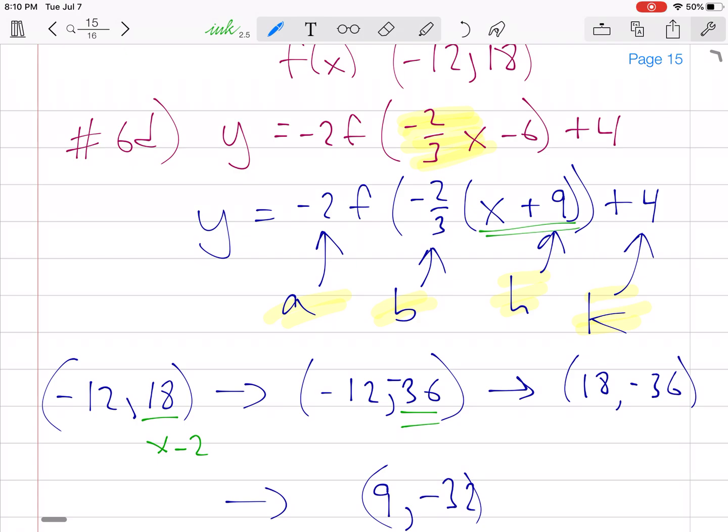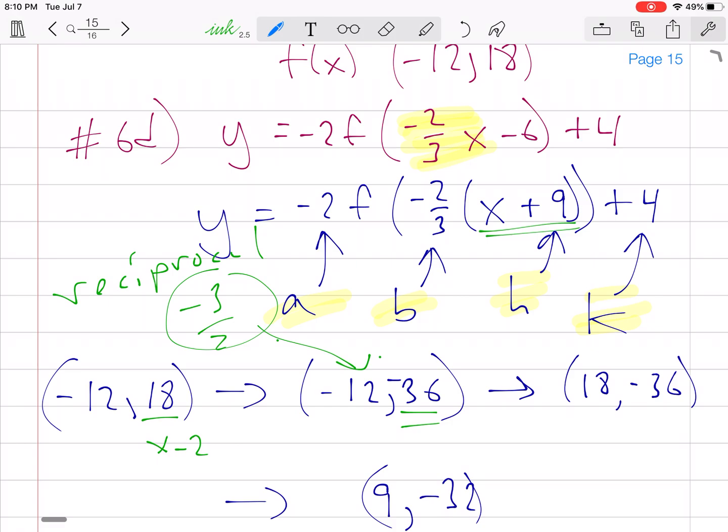Now with the B, remember this has to be the reciprocal. So what you're going to do here is multiply negative 12 by negative 3/2. Again, that's the reciprocal. That's going to give you 18, positive because it's got two negatives.